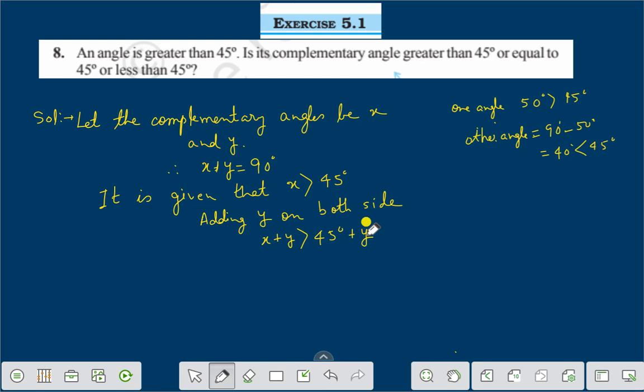We are adding y on both sides, right? And the value of x plus y is 90 degrees.